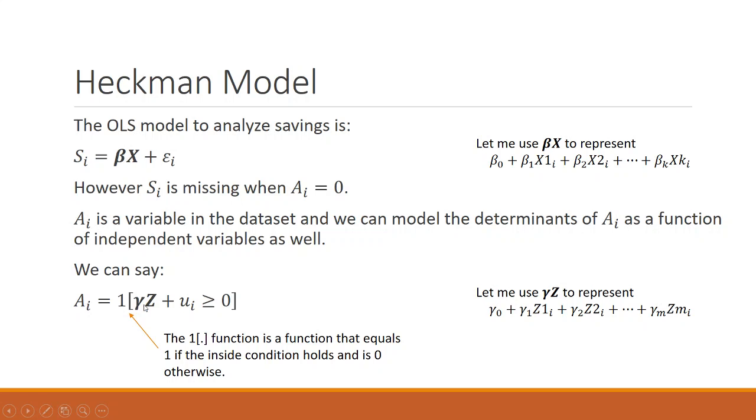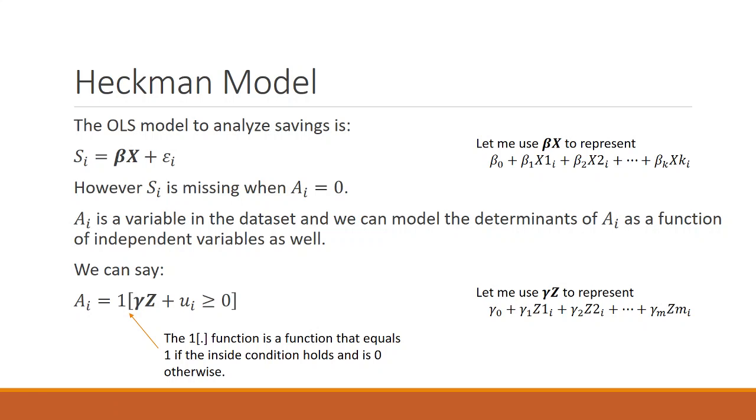I'm using this bold notation again, in this case gamma z, where the z's, up to zm, are the independent variables and the gammas are my coefficients. So this is basically a different linear model for the decision to have or not have a savings account.